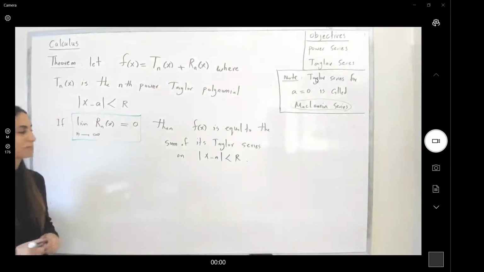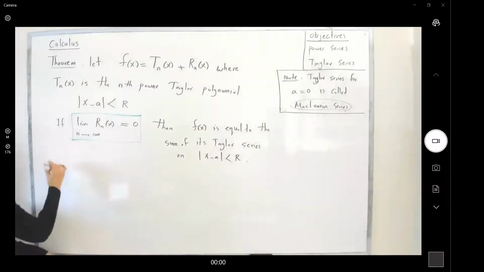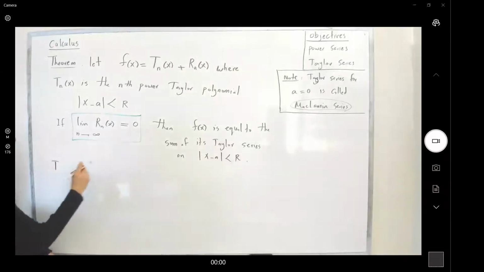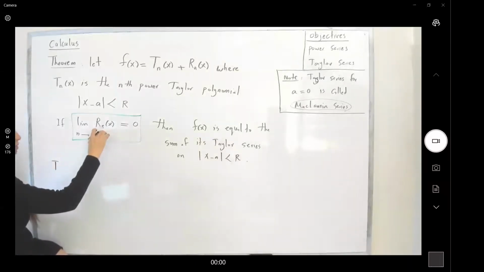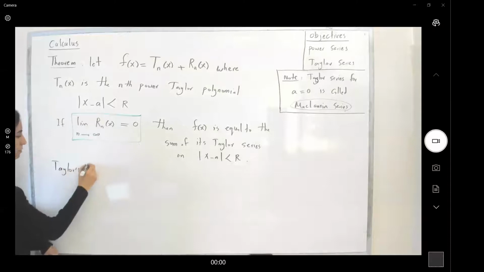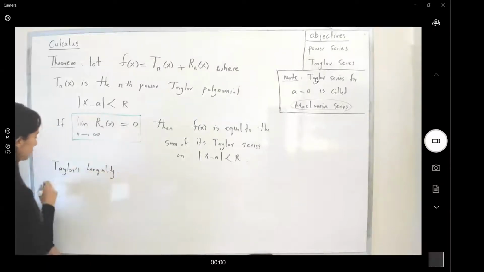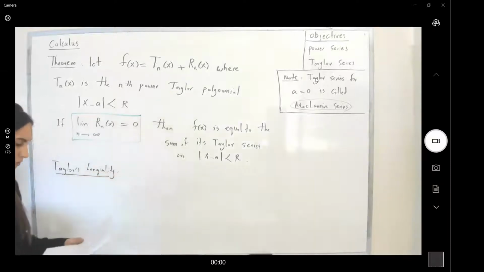Okay, Taylor's inequality. Taylor's inequality helps us to find boundaries for Rn and take the limits. Very well.